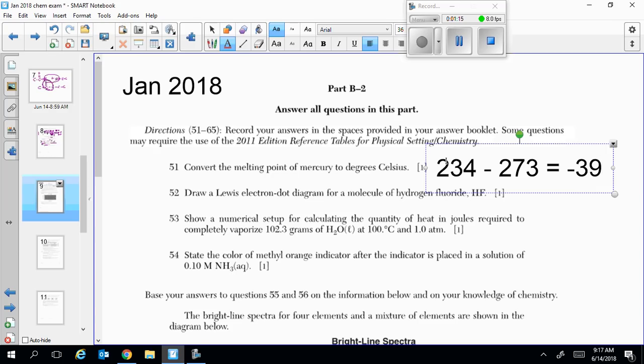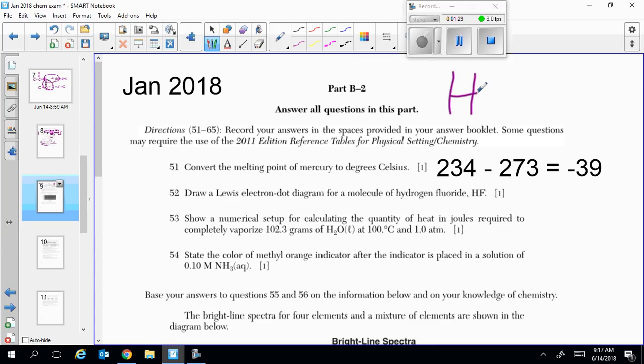All right, draw a Lewis electron dot diagram for a molecule of hydrogen fluoride. So hydrogen fluoride is HF. It's covalently bonded. So I'm going to do it right up here while I have a little bit of space. Hydrogen and fluorine are going to share 2 electrons. So there's the dot and the dot from them sharing.